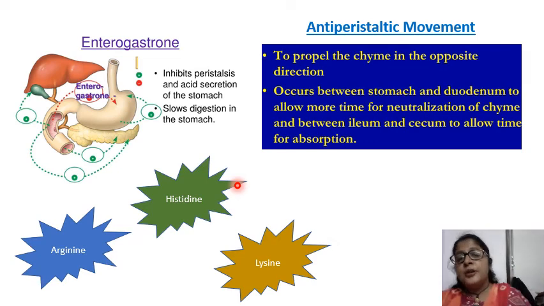Enterogastrone affects the peristalsis and acid secretion of the stomach, and this slows the digestion in the stomach so that the fat digestion can eventually be done slowly, gradually and properly. And the antiperistaltic movement, which occurs between the stomach and the duodenum, allows more time for neutralization of the chyme between the cecum and the ileum, so that the absorption time increases. Other than that, arginine, histidine and lysine, these three amino acids also help in fat digestion.